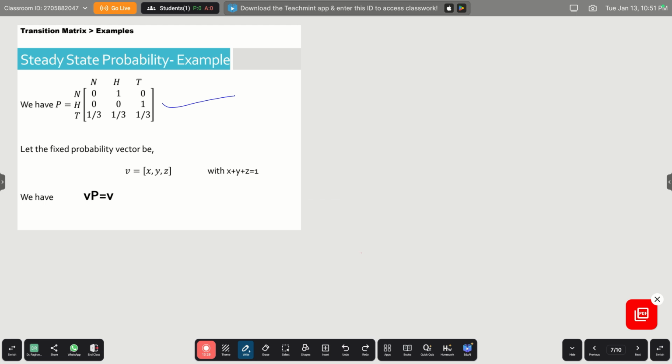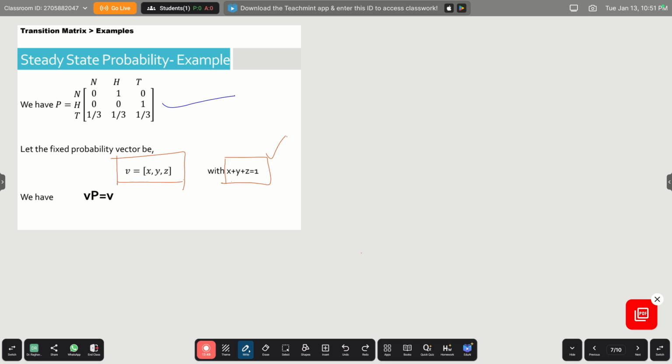Since it's a 3 cross 3 matrix, I'll have three components in my fixed probability vector V, and the sum of the components, x plus y plus z, is equal to 1. So already I have one equation, and I need two more equations.